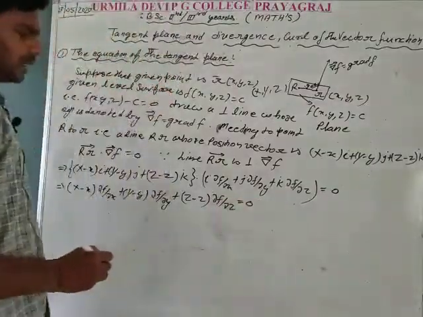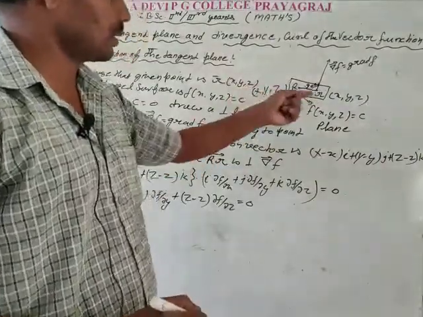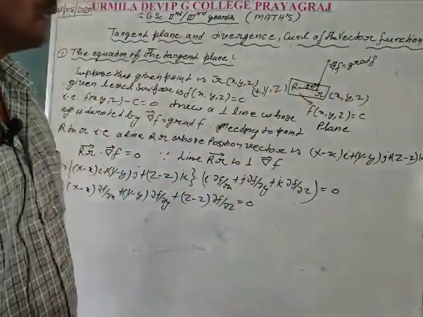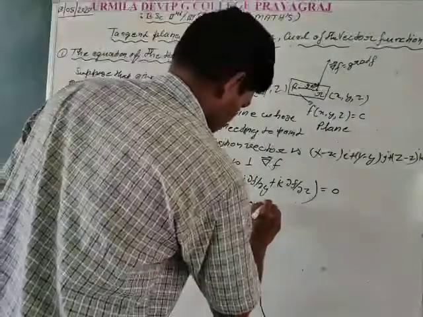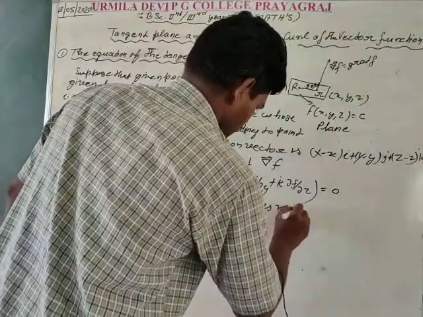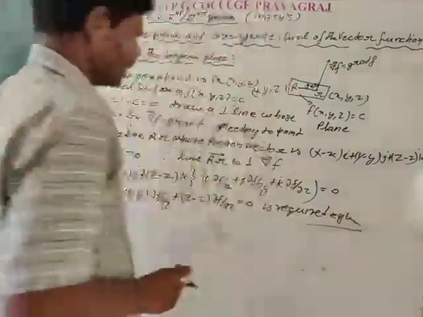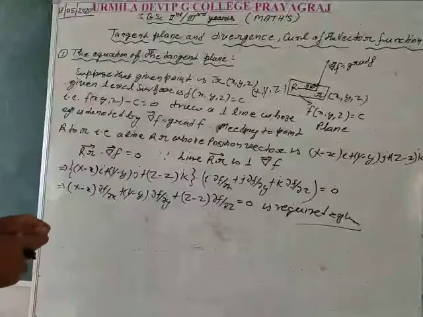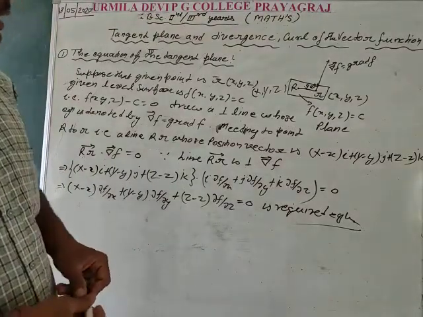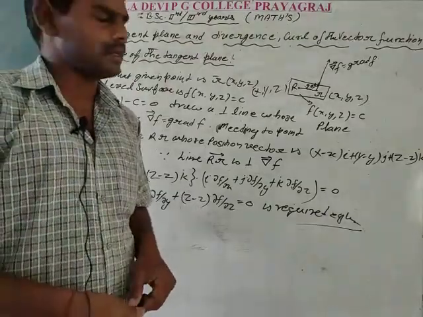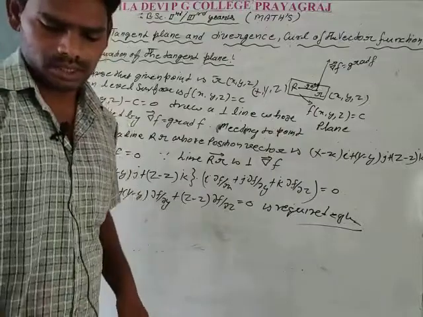This is the tangent plane equation at the given point capital R of the given level surface f(x, y, z), the required equation. So from the figure it is clear how you can find the equation of the tangent plane at the given point for a given level surface f(x, y, z).